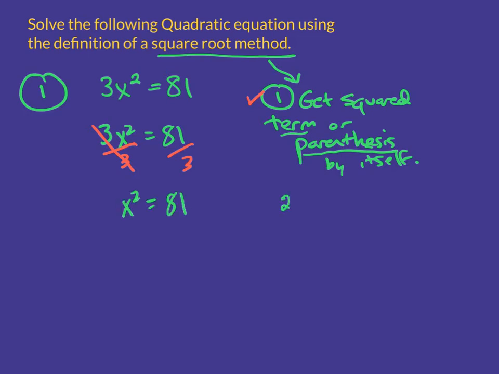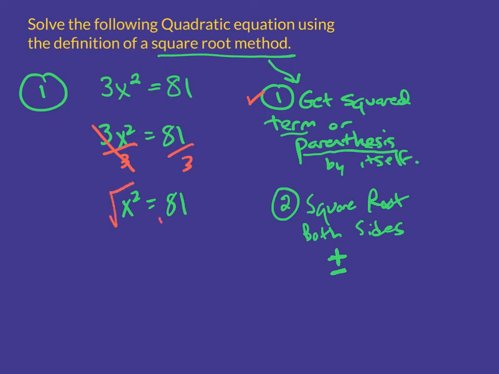And then the second thing you'll do, once you've got the squared variable or parentheses by itself, then you want to square root both sides. And I always put this plus minus here because when you square root both sides, you'll basically make two answers, one positive, one negative, but you won't remember that if you don't put the plus minus there.